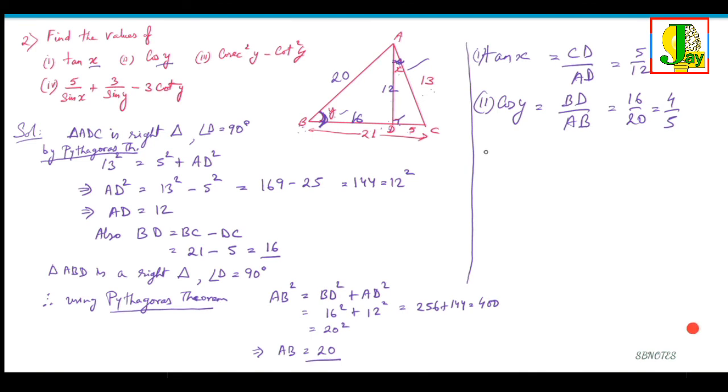Okay, now the third one, cosec square y minus cot square y. That means cosec y whole square minus cot y whole square. So cosec y is the inverse of sin y.